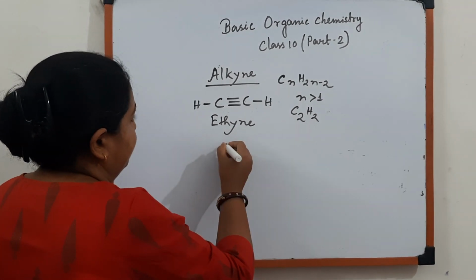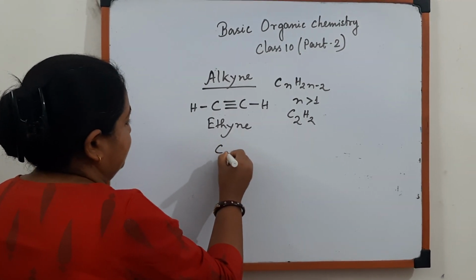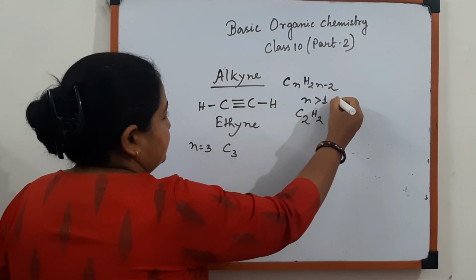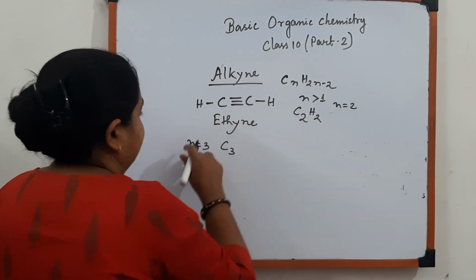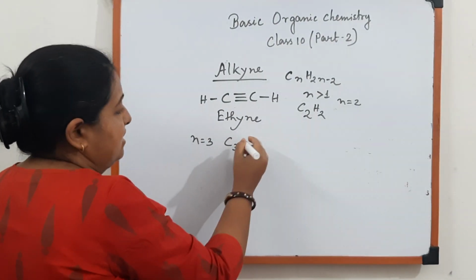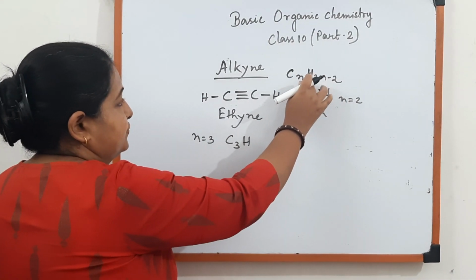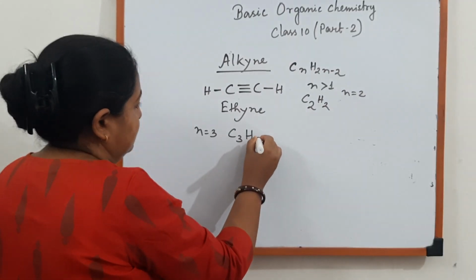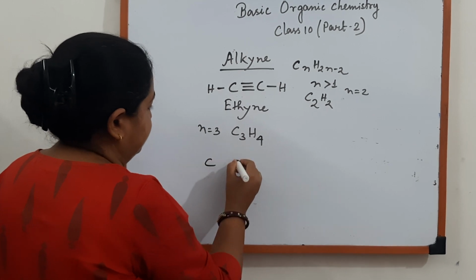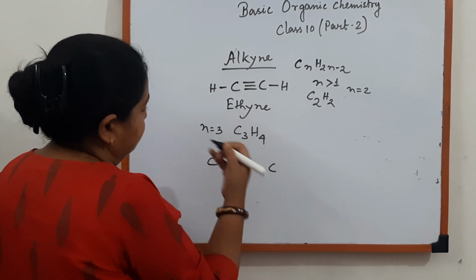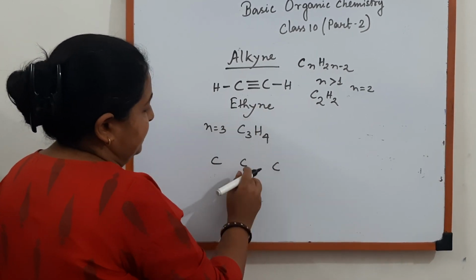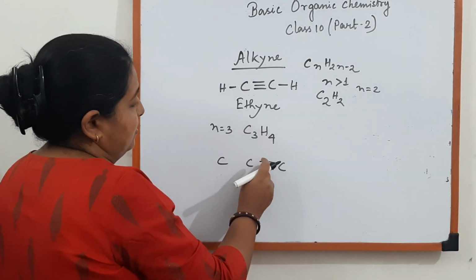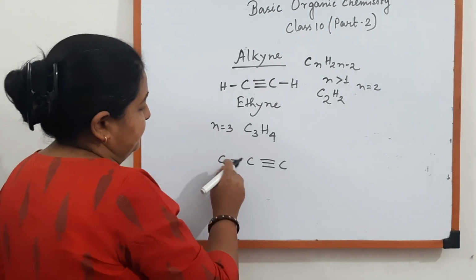Now when n equals 3, that is 3 into 2, that is 6 minus 2, that is 4. Put 3 carbons and you can put the triple bond between any of these carbons. Suppose you are putting the triple bond here, and another single bond between these 2 carbons.